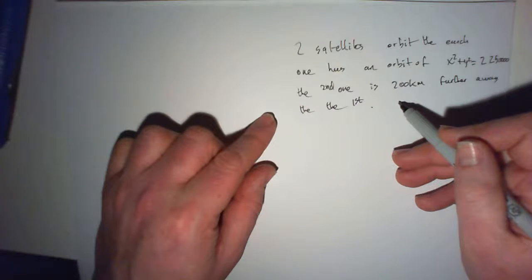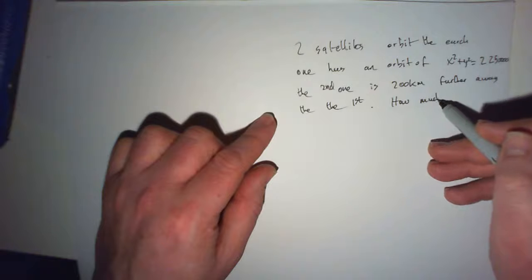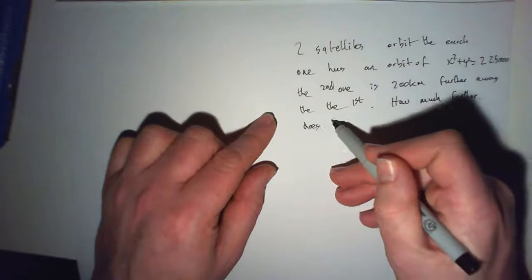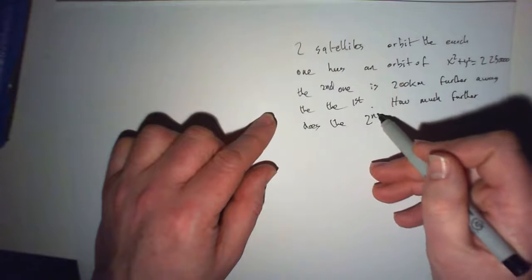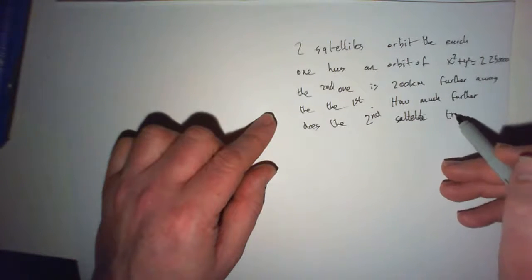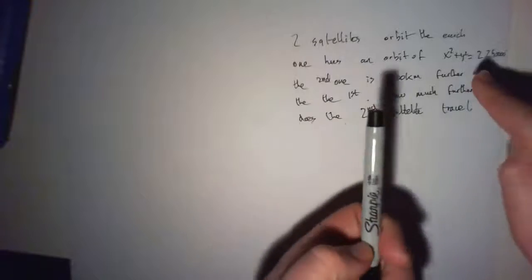Now, here's the question. How much further does the second satellite travel? Ooh, nasty. Now, the assumption here has been that the center of the Earth is at 0, 0.